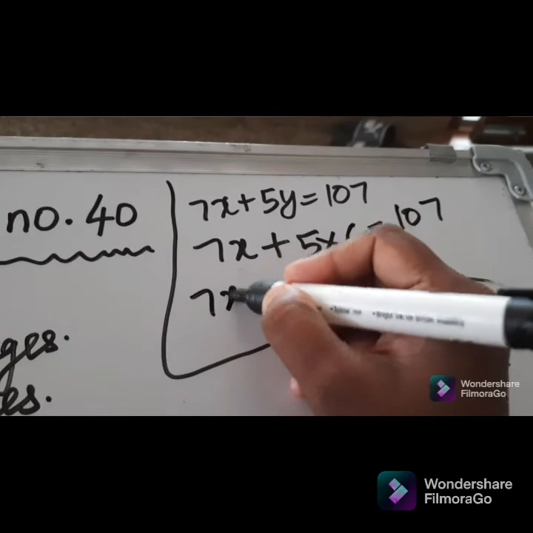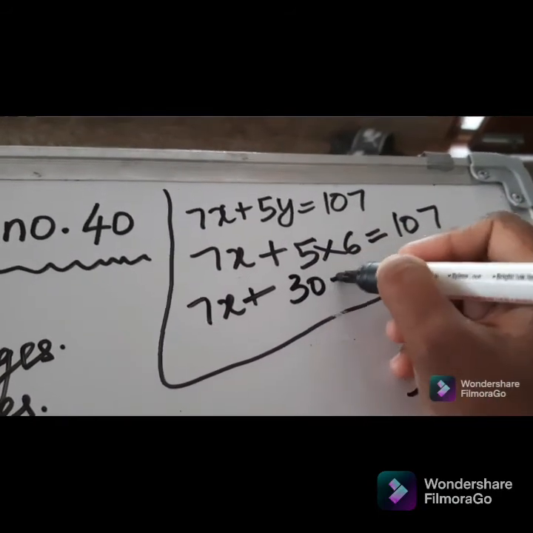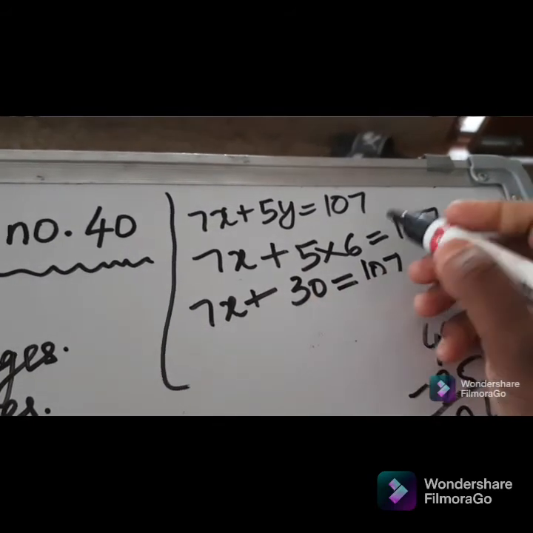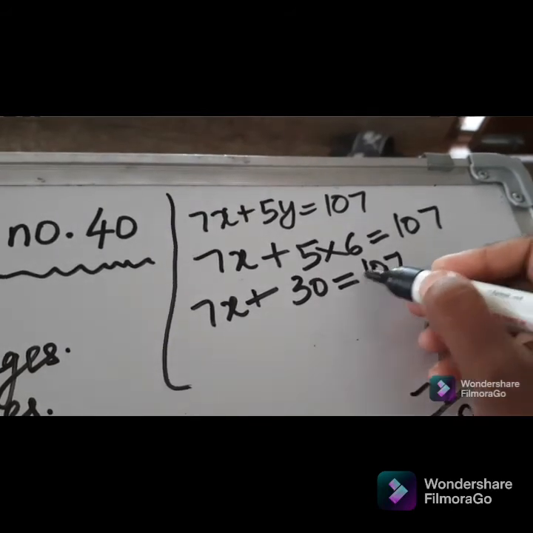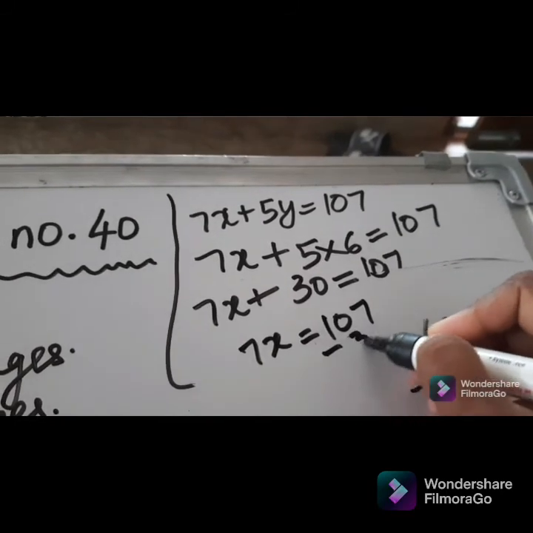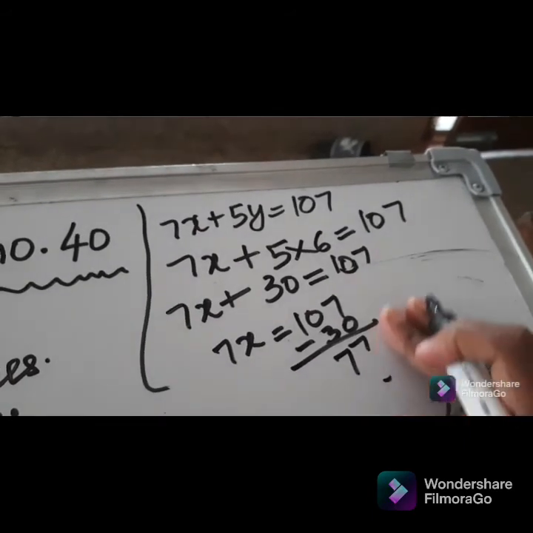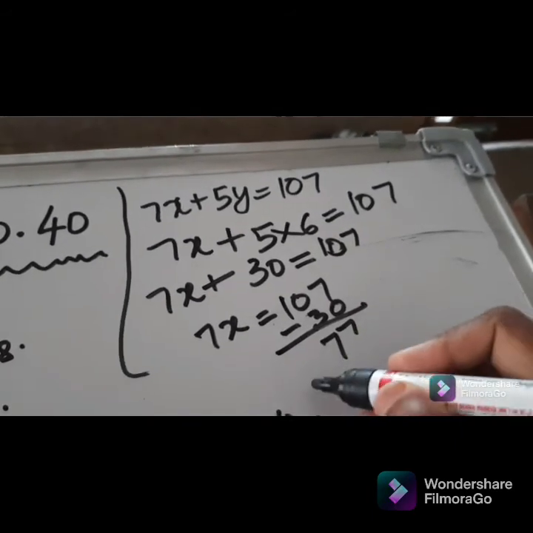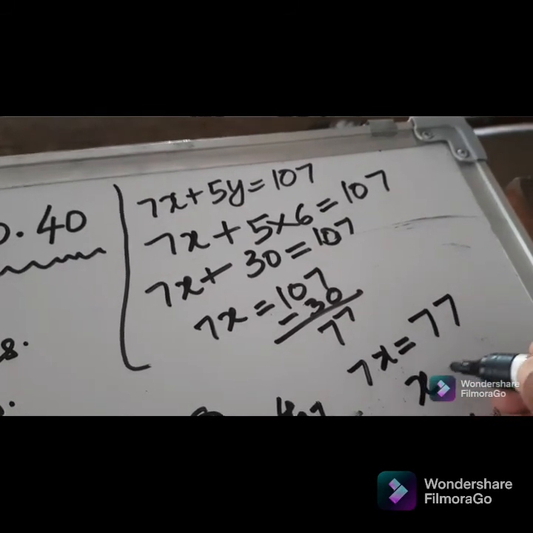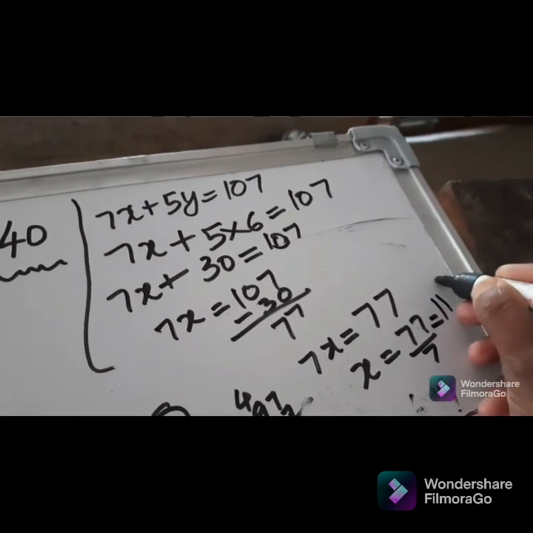That is 7x plus 30 equals 107. So 7x equals 107 minus 30, which is 77. That means 7x equals 77, x equals 77 by 7. So you will get 11 rupees.